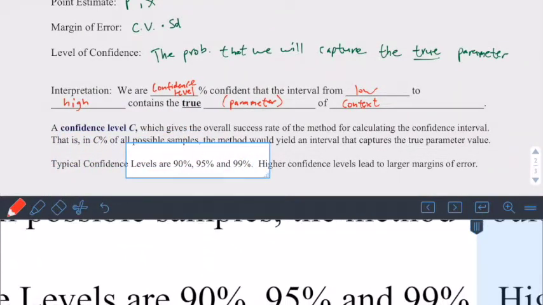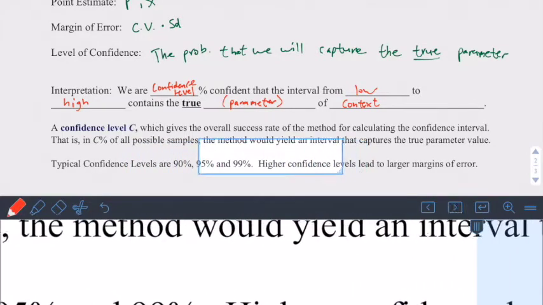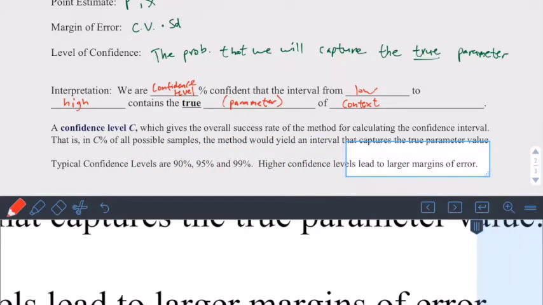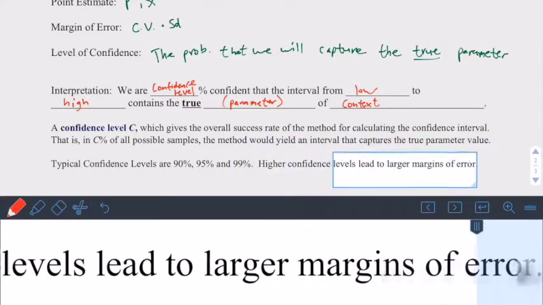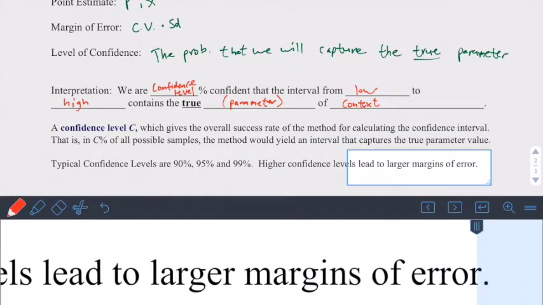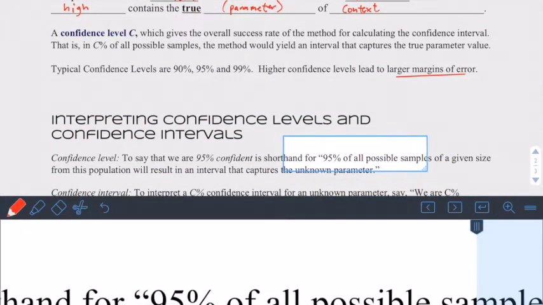So typical ones are 90%, 95%, 99%. The higher the confidence, the larger the margin of error. That makes sense. A larger margin of error would create a bigger interval that is more likely to capture the mean or the proportion.